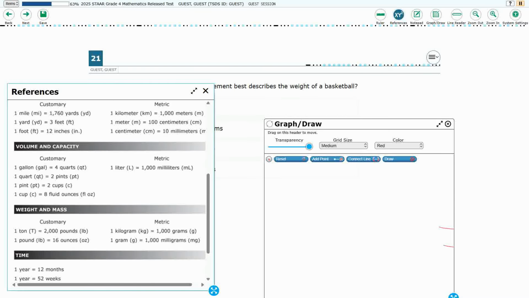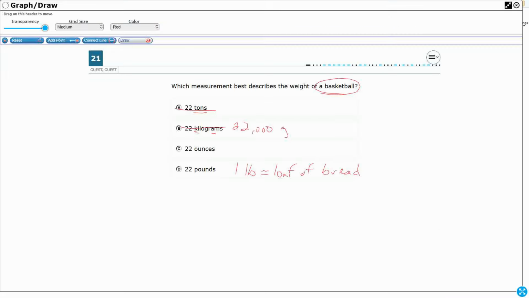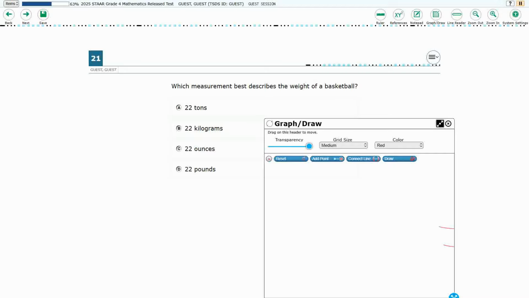So we've got weight, we've got 1 pound equals 16 ounces right here. So that means this equals 1 pound, that's 16, and then I've got 6 ounces. So a little bit more than a loaf and a half of bread. And that's actually what makes the most sense here. So our answer is C.